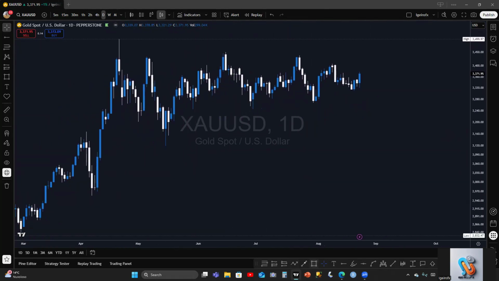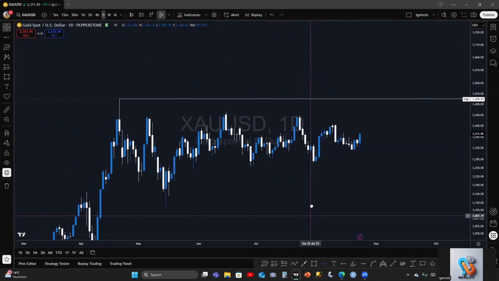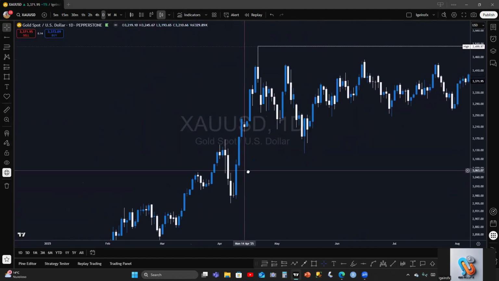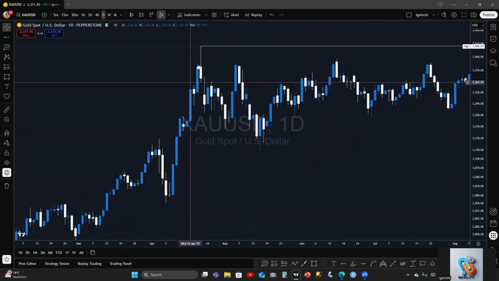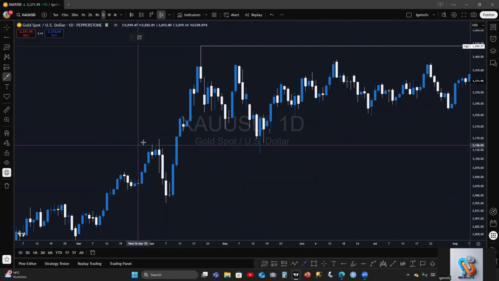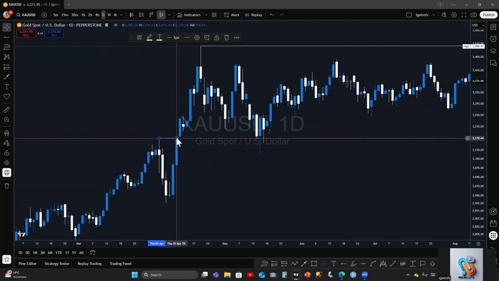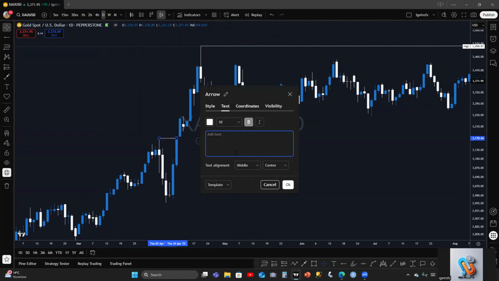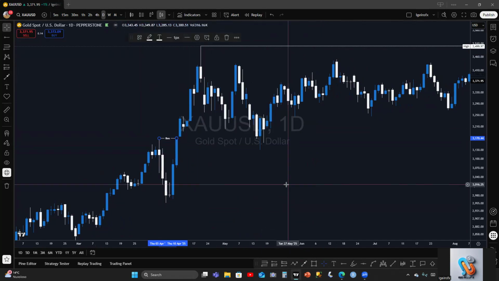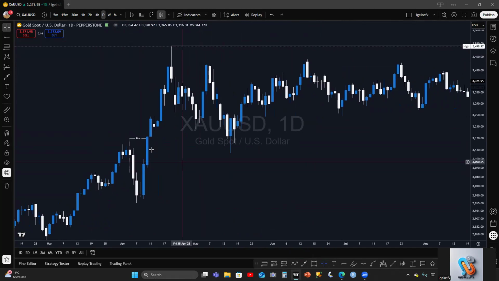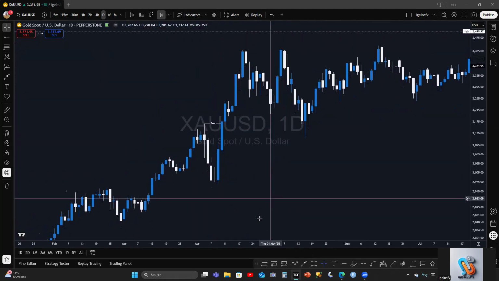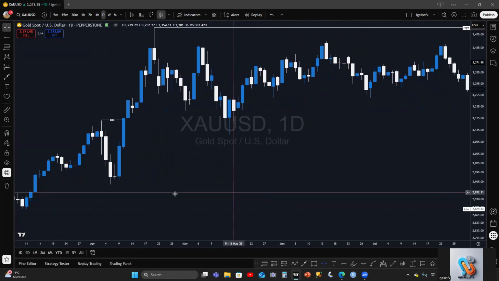Now, this is where we have a high here. When price broke structure from here, it created this high. So we are going to mark, guys, follow up so that you understand what we are doing. BOS is what we call break of structure. By now, if you have been following me, you understand what it means anywhere you see BOS.